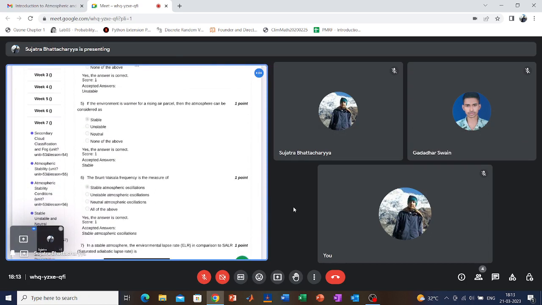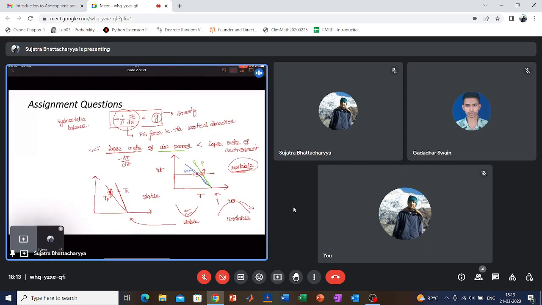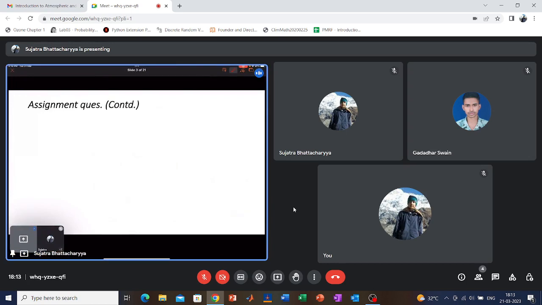The sixth question asks what the Brunt-Väisälä frequency is a measure of. We have discussed in the previous session that the Brunt-Väisälä frequency is actually N squared equals g times gamma of the parcel minus gamma of environment, divided by TE.